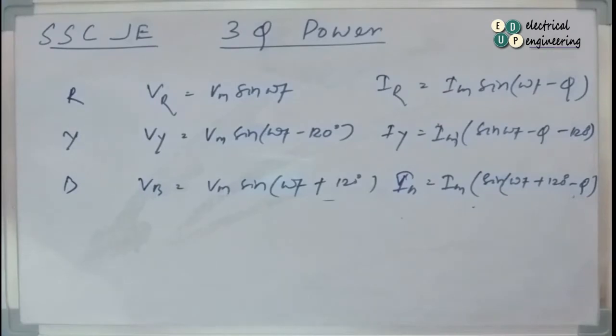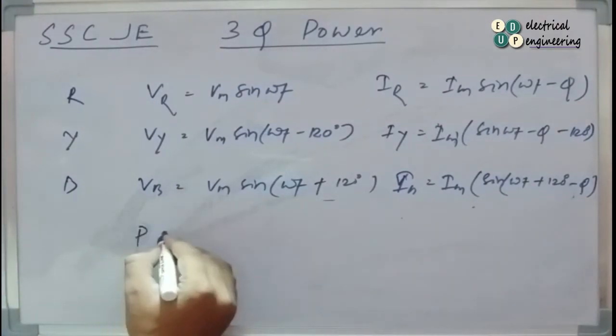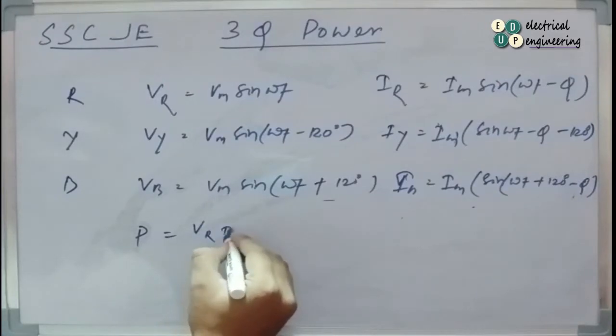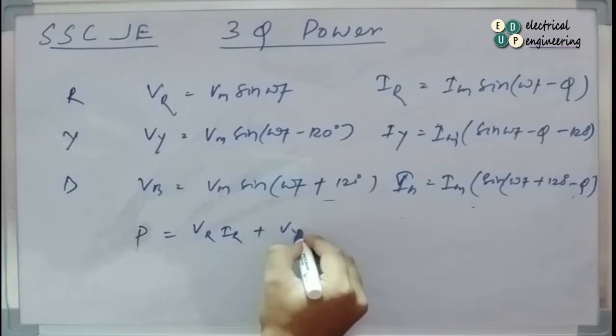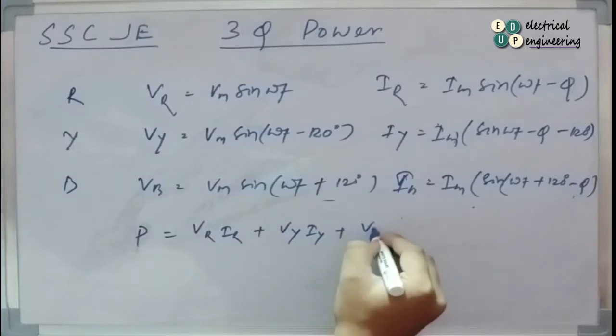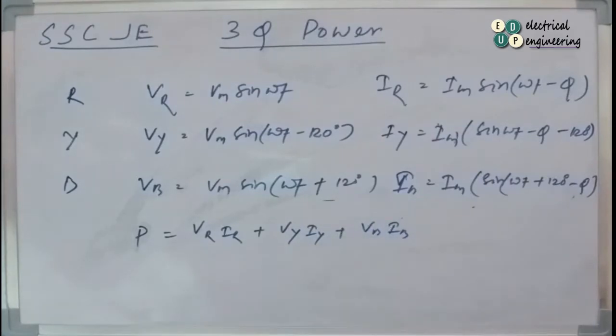So the total power P equals VRIR plus VYIY plus VBIB.